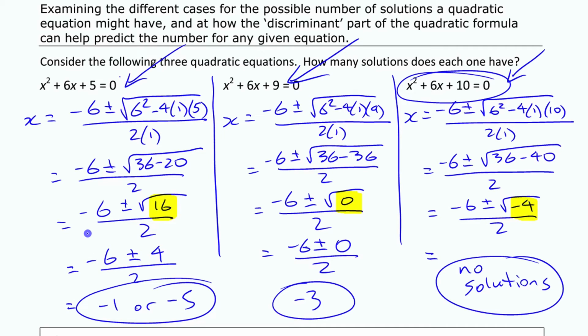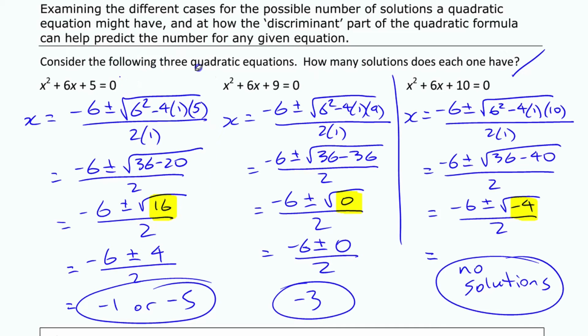So depending on the parameters in the standard form equation, it can affect how many solutions the thing has. And the key is going to be looking at that value under the square root sign. If that thing under the square root sign is positive, you're going to end up with plus or minus a certain number, so two different solutions.